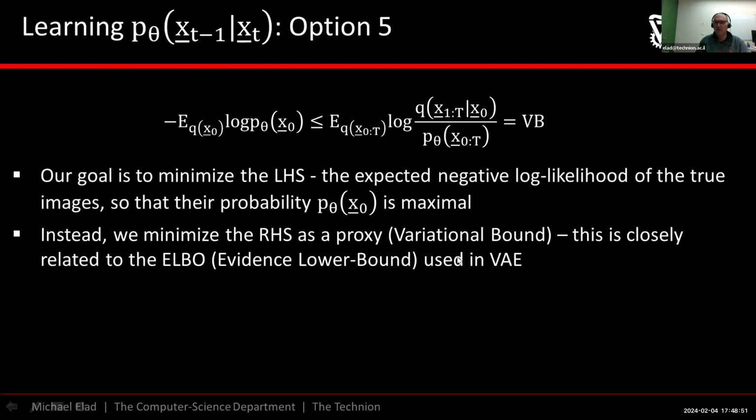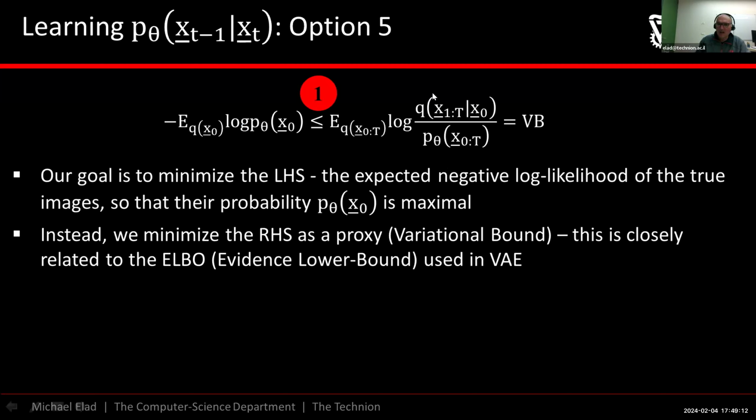This variational bound should remind you somewhat of what we do with the ELBO in variational autoencoders, very similar. Okay. And so I'm marking this as the first approximation, in the sense that we are not serving our goal exactly, we are replacing our goal with something that is more manageable.